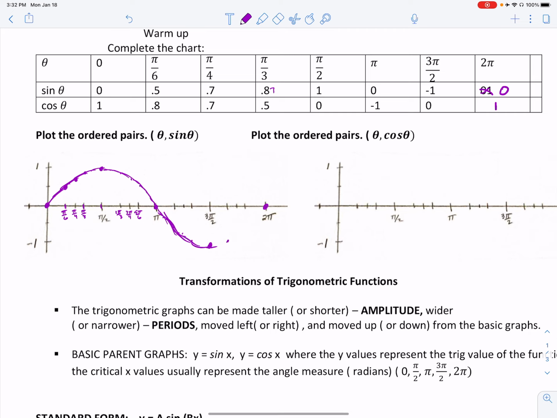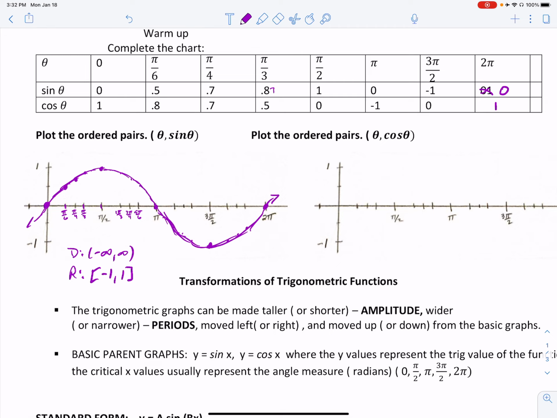And -0.86, -0.7, -1/2, 0. We didn't have all those in the chart, but sine continues. Its domain is the set of all reals. Its range is -1 to 1. So the largest it comes out to be is 1, and the smallest it comes out to be is -1, and that's the range. So there's sine. Sine starts at 0, 0.